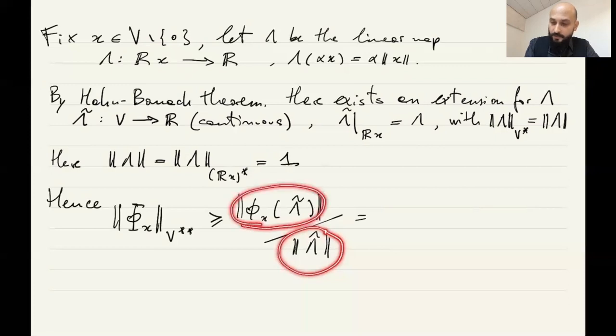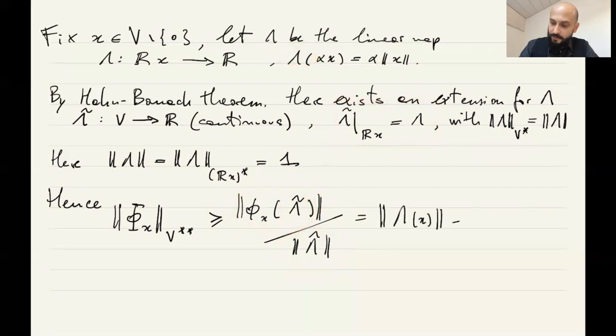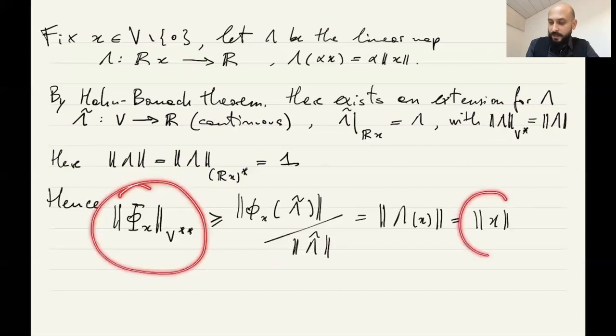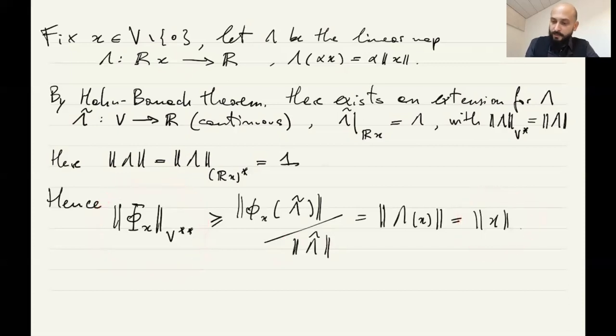This is the evaluation of lambda tilde on x, which coincides with lambda on x, because this is an extension. So this is the evaluation of lambda on x, which is the norm of x. So we proved that the norm of phi of x is at least the norm of x. Since we already proved the upper bound, we proved that this is an isometric embedding.